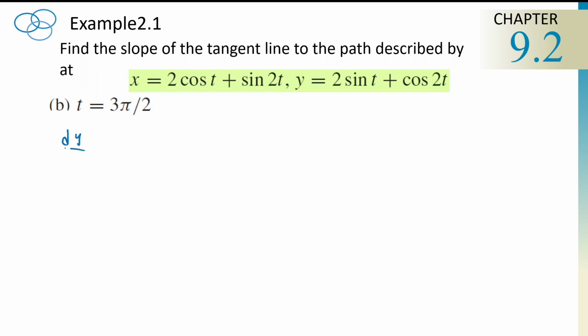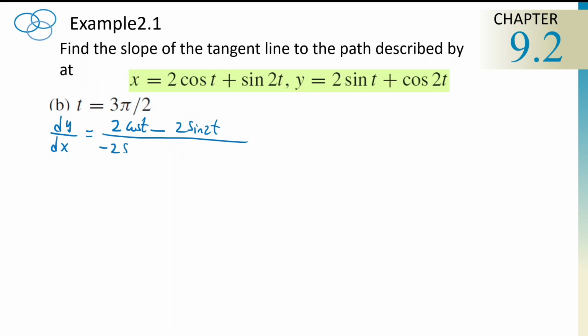So I have dy over dx. We need dy over dt, which is, again, just as we found before. So this is 2 cosine of t minus 2 sine 2t.